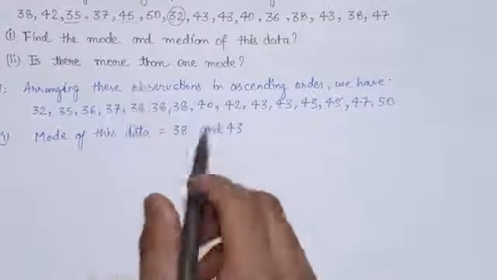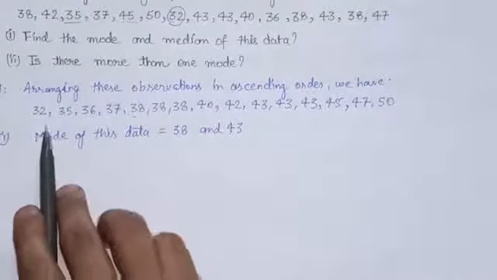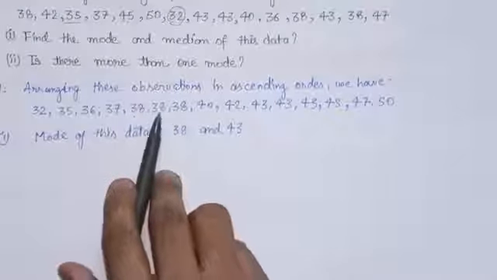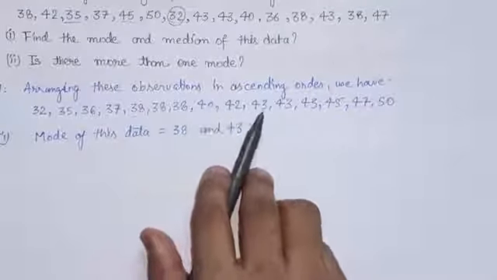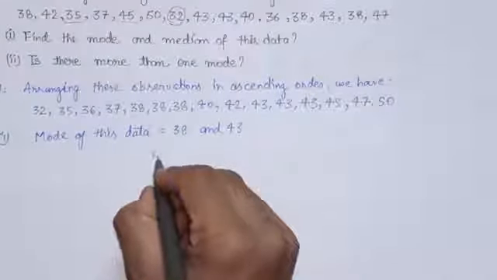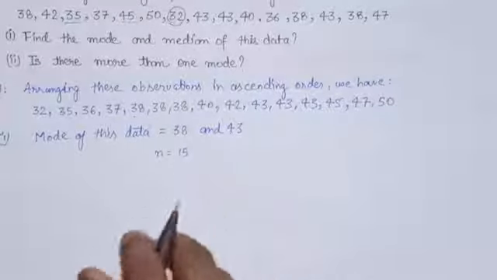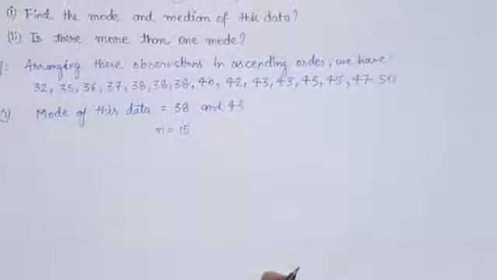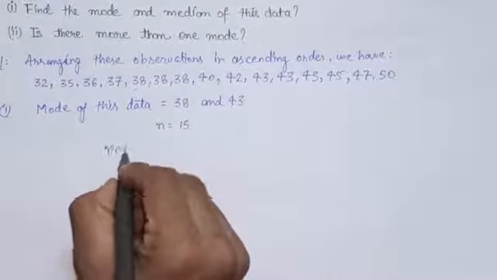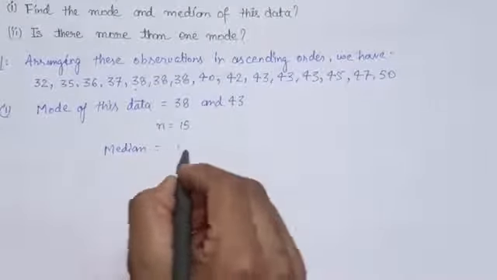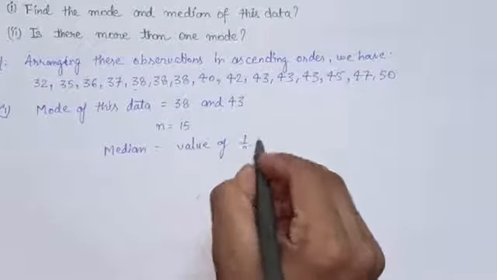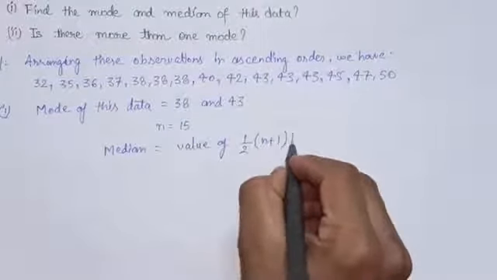Now median. First count the number of observations: 1, 2, 3, 4, 5, 6, 7, 8, 9, 10, 11, 12, 13, 14, 15. So n is equal to 15, which is odd. So as n is odd, median is equal to the value of the 1 by 2 n plus 1th observation.